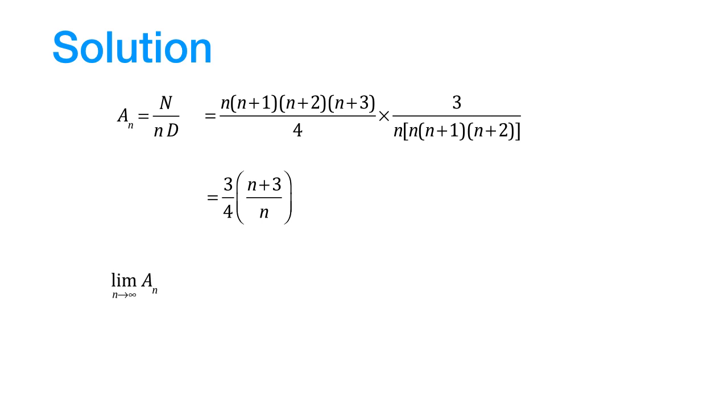So we can now find the limit of a_n as n tends to infinity. That would be equal to the limit of the above expression as n tends to infinity. Now this is easy to find. It is just equal to 3 by 4. Therefore, the correct answer is option A.